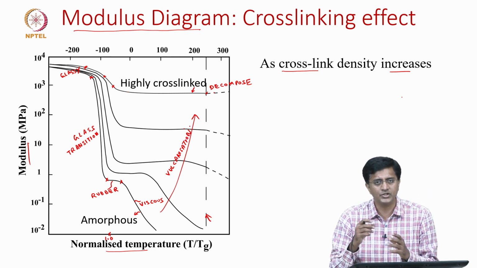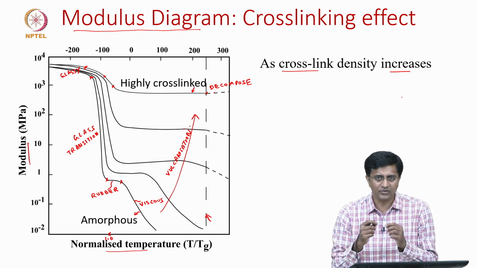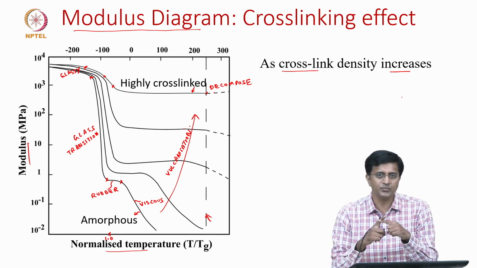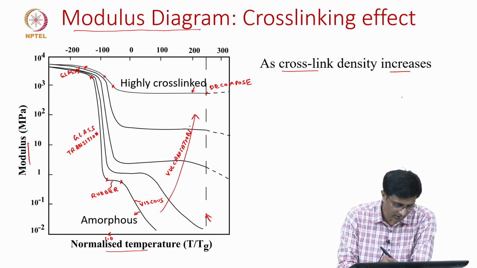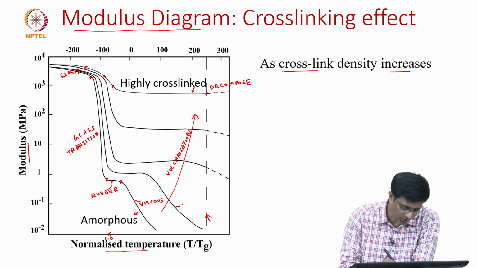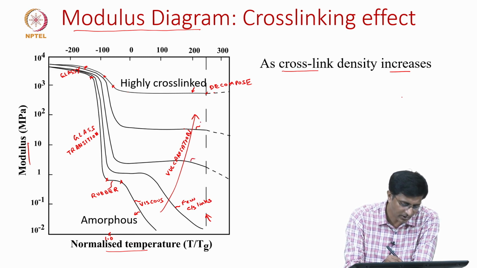So, during vulcanization, what is the sulfur doing? The sulfur is trying to create cross links between these polymer chains. So, here we gradually see a few cross links, and moderate, and let us say these are high cross links.